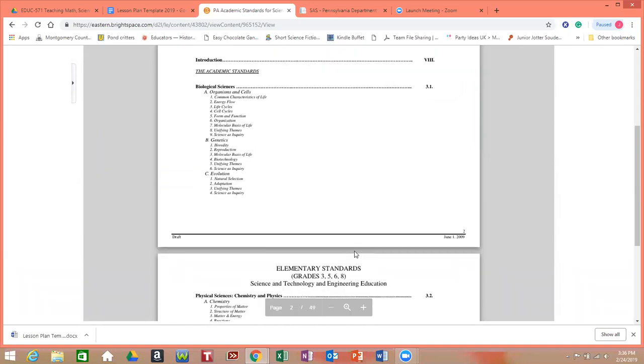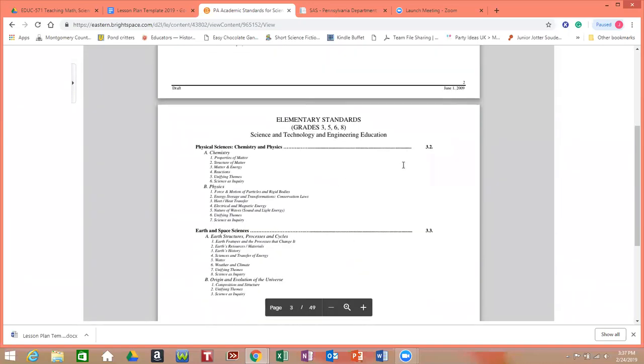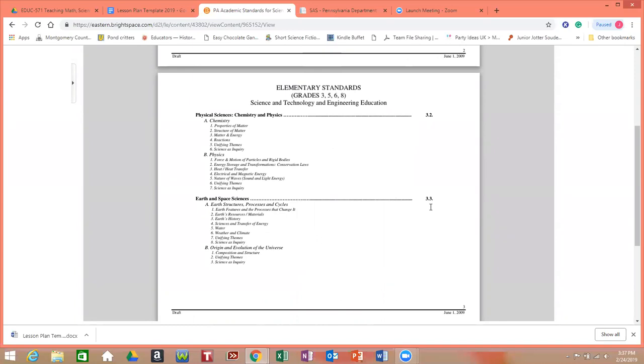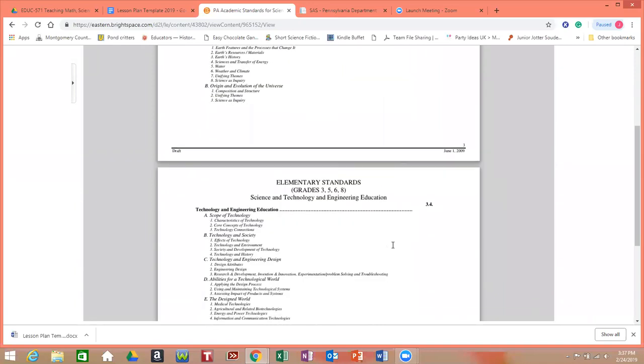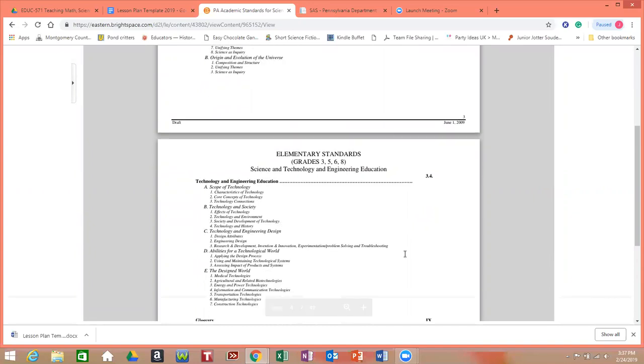Then 3.2 is physical science, for chemistry and physics. And then we have 3.3, which focuses on earth and space science, and 3.4, which gets into the technology and engineering education standards. Obviously there are subsections under each of those as well.